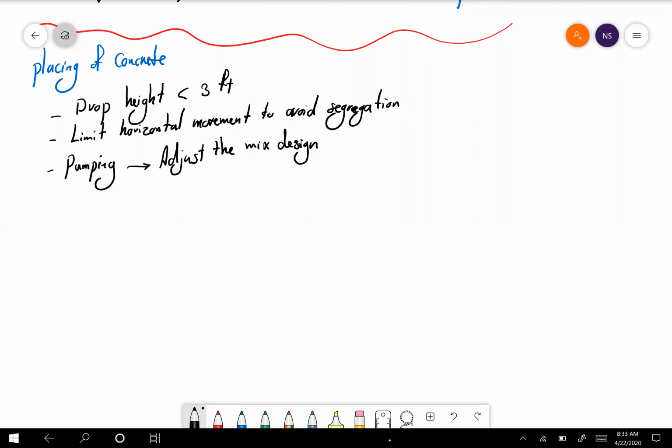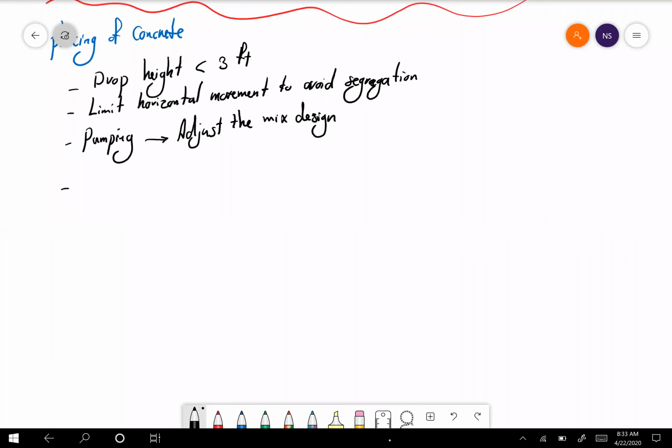And then one of the biggest steps in placing of the concrete is vibration of the concrete. So vibration of concrete. And you do this to consolidate or compact before initial set.